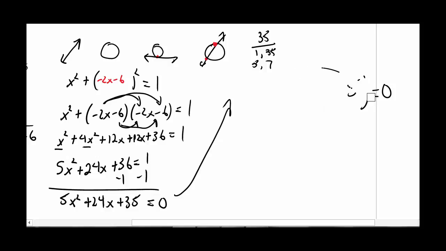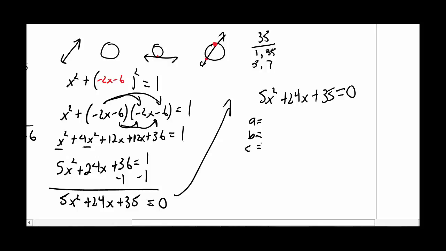Now, that doesn't mean all hope is lost. That just means we can't factor it. So we're going to have to tie into some other knowledge that we are aware of to figure out what x is. And we're aware of the Pythagorean theorem. I'm sorry, we're aware of the quadratic formula. I meant quadratic formula. So I need A, which is 5, B, which is 24, and C, which is 35.